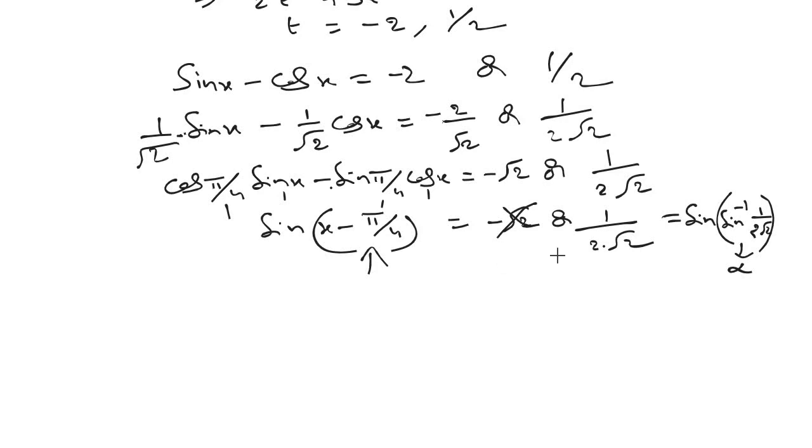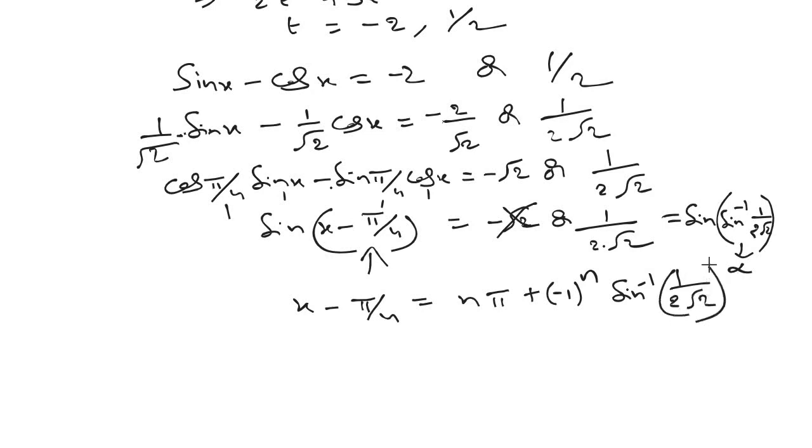So sin x equals sin alpha. So the general solution is x equals n pi plus minus 1 whole power n into alpha. Alpha is clearly sin inverse of 1 divided by 2 root 2.